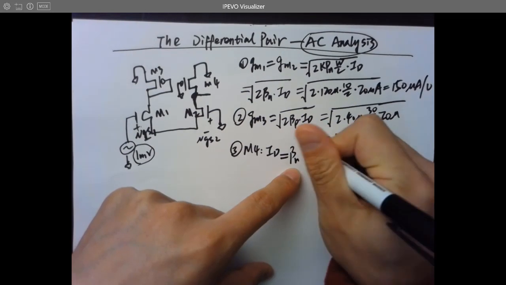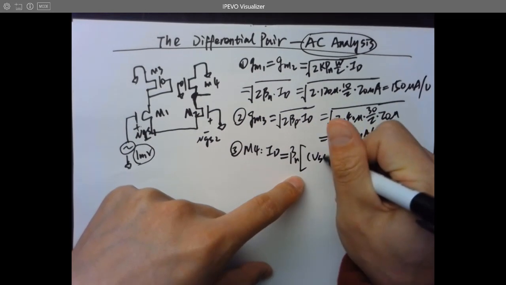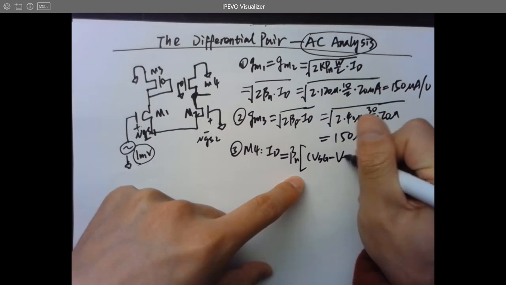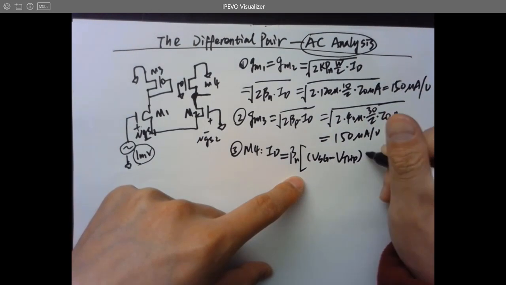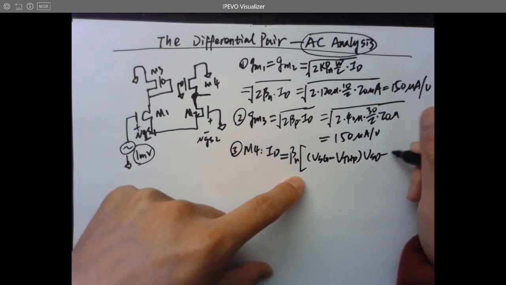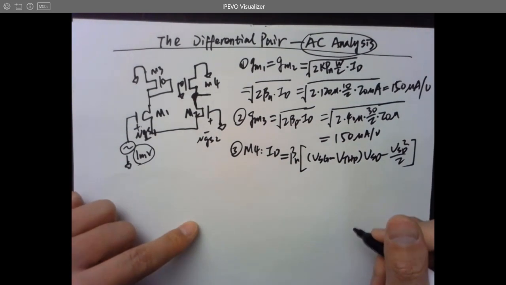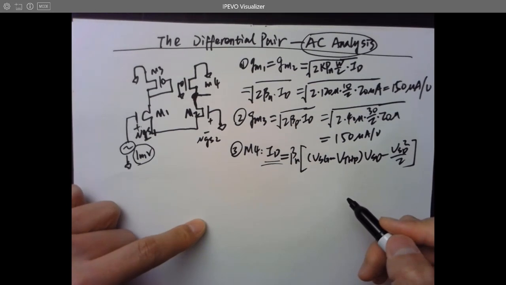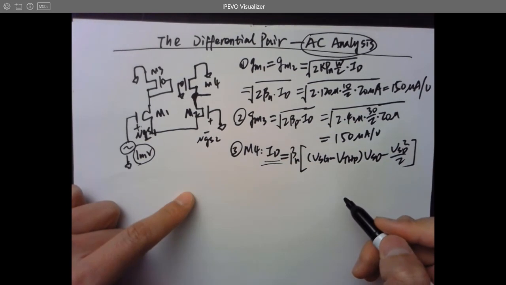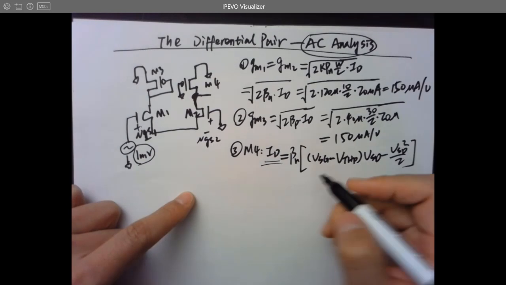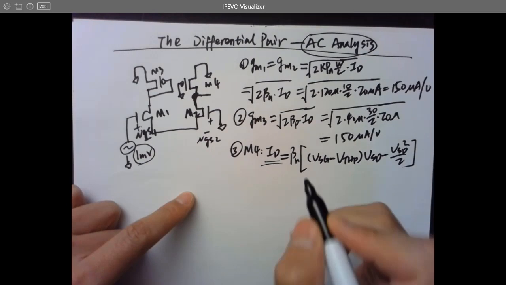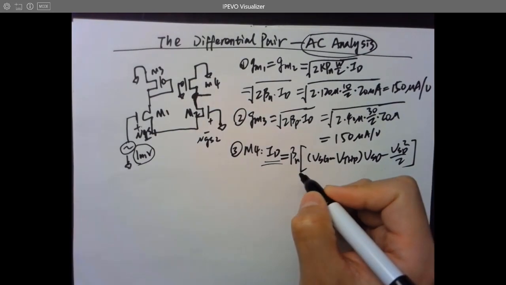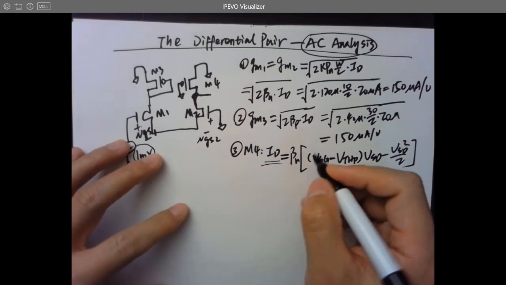It's beta n times VSG minus VTHP times VSD minus VSD squared over 2. That's the equation to calculate the drain current in M4.